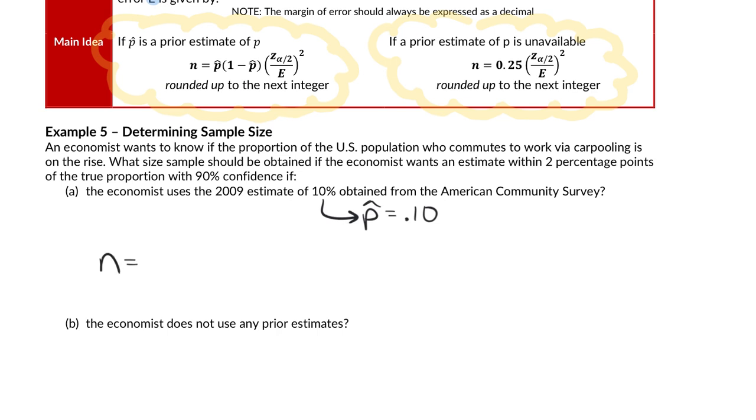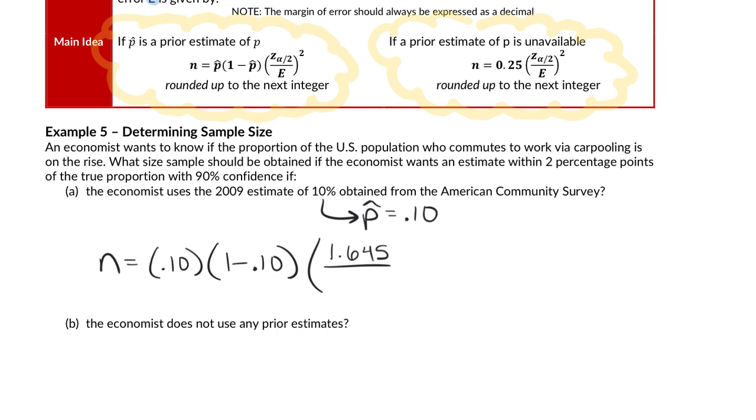N is going to be equal to P hat, 10%, times 1 minus P hat, multiplied by the critical value. Flip back to that table. What is the critical value for 90% confidence interval? It's that one number, right? Sure. 1.645.